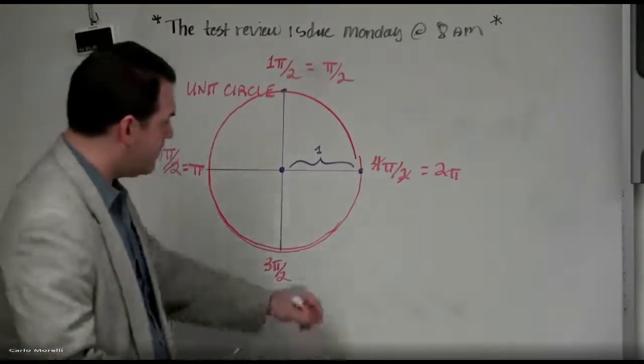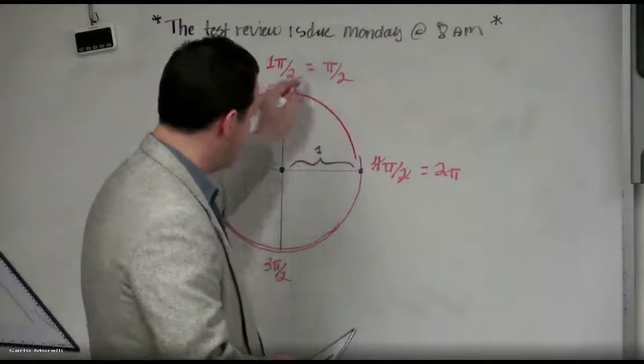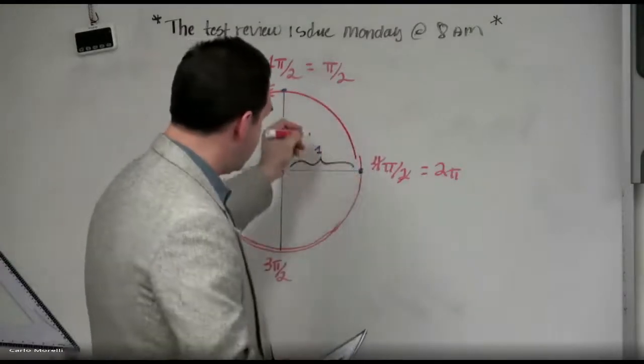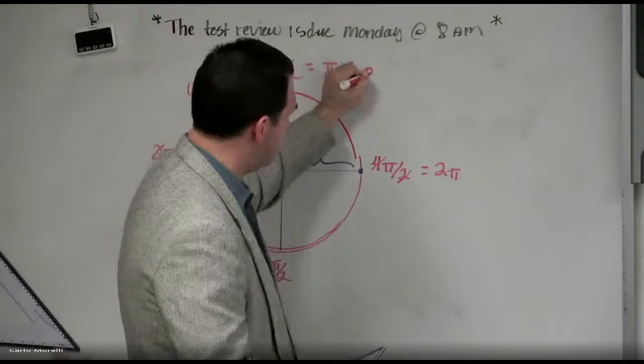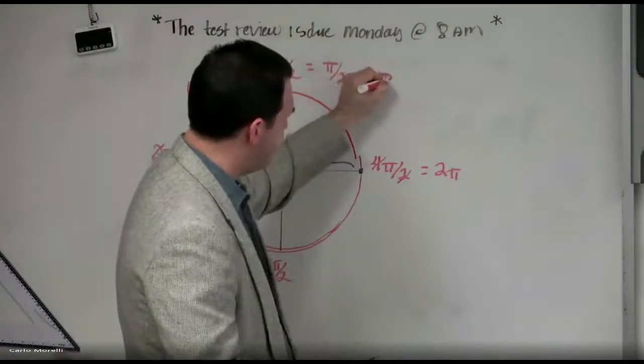And the measurements we're giving here are called radians. So this is pi over 2 radians.